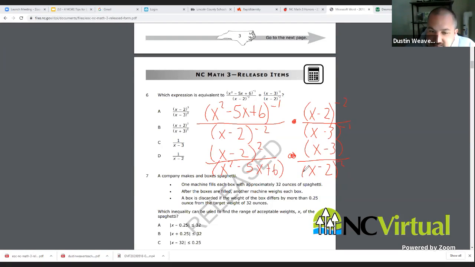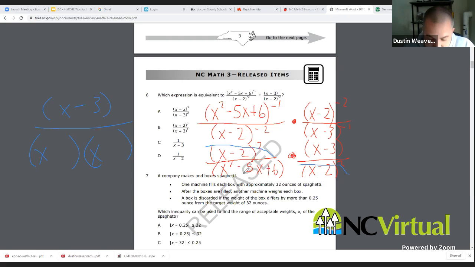And what you'll notice immediately is the x minus 2 squareds will cancel out. So we have an x minus 3 up top, and on the bottom, we've got x squared minus 5x plus 6. So what two numbers multiply to give me a positive 6 and add to give me a negative 5?